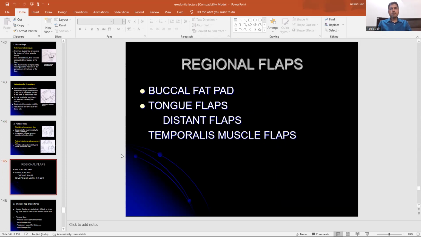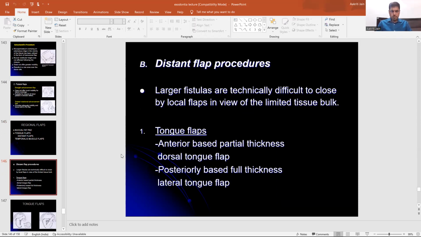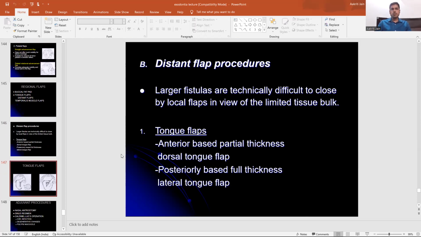Now come the regional flaps, which comprise the buccal fat pad and tongue flap, and distant flaps like temporalis muscle flaps. Distant flap procedures: larger fistulas are technically difficult to close by local flaps in view of the limited tissue bulk. Number one is the tongue flap. The anterior based partial thickness dorsal tongue flap is used, and the posteriorly placed full thickness lateral tongue flap is used.